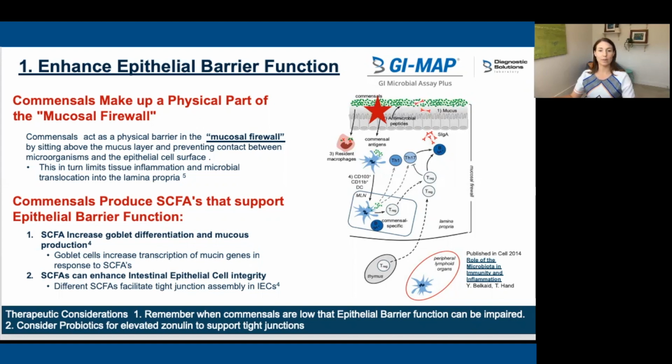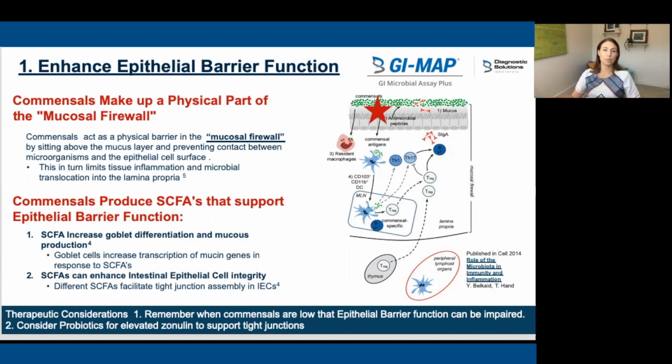And then different short-chain fatty acids also are able to facilitate tight junction assembly. Again, really important to just make sure that intestinal cell layer is nice and tight and not permeable because we don't want any intestinal permeability to make our immune system more vulnerable to infections.